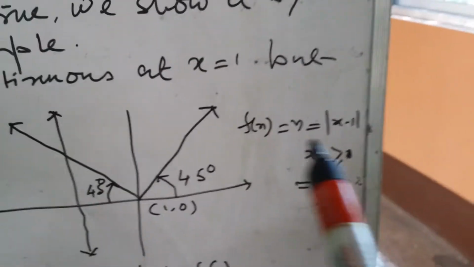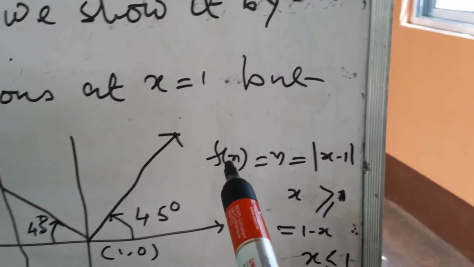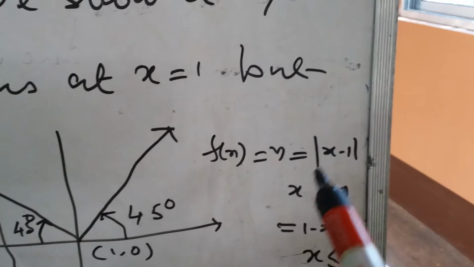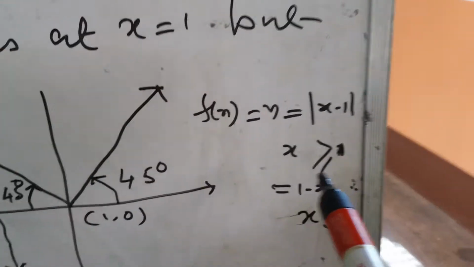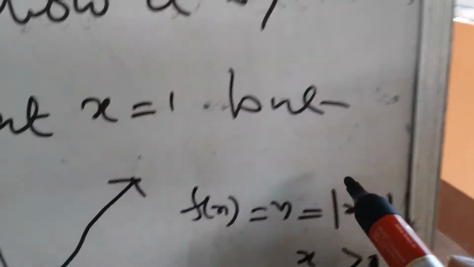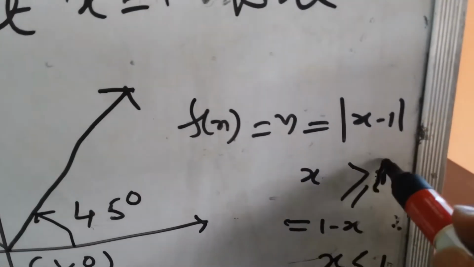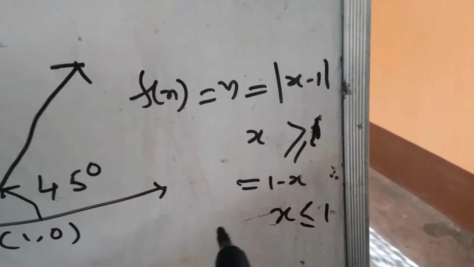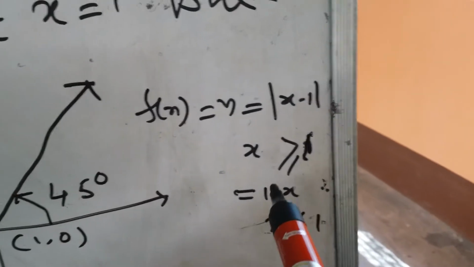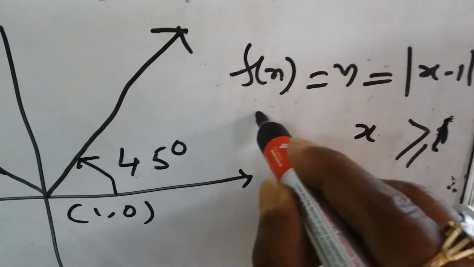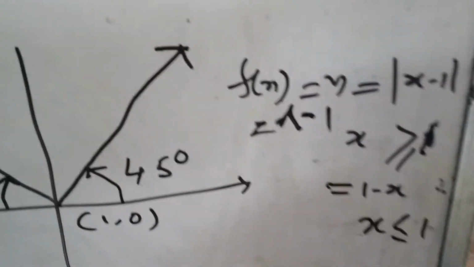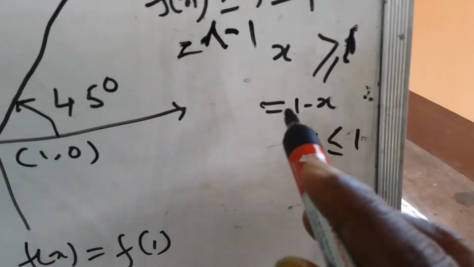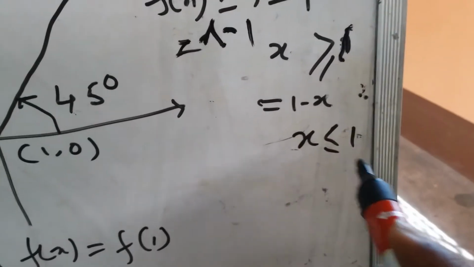So this is the function f(x) is equal to mod x minus 1. If x is greater than or equal to 1, then it is equal to x minus 1, and 1 minus x if x is less than or equal to 1.